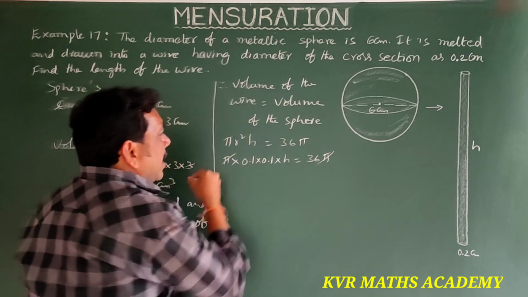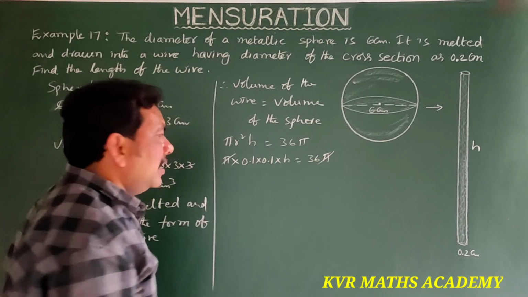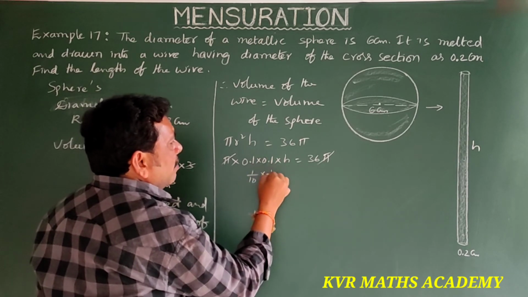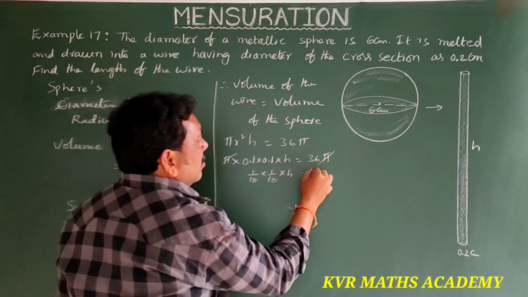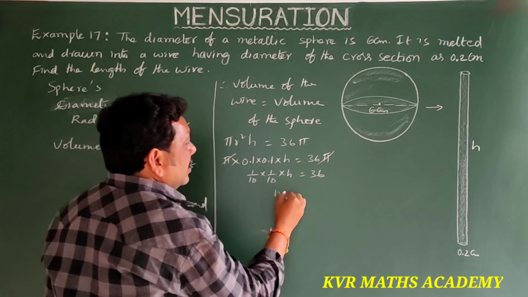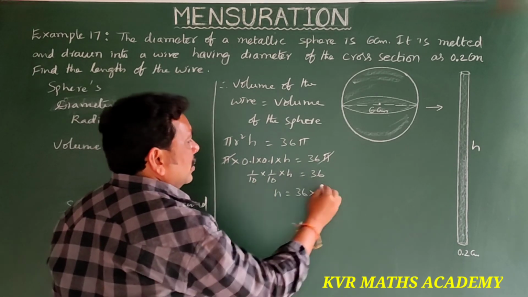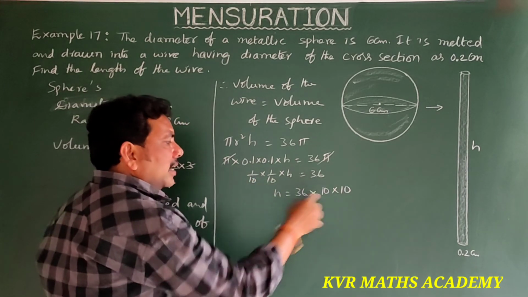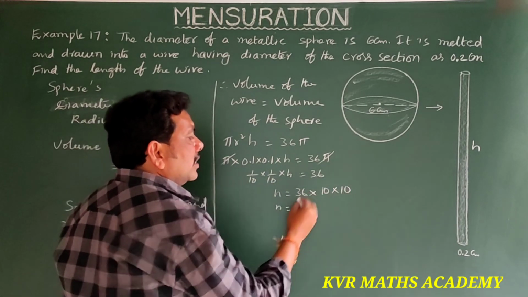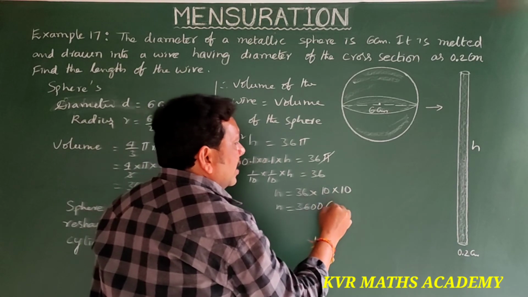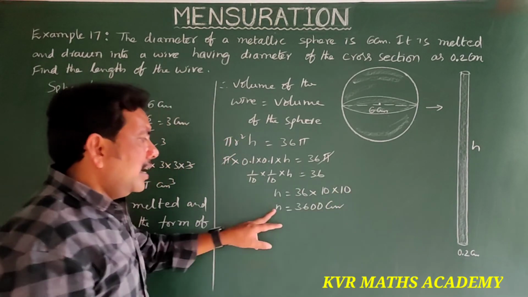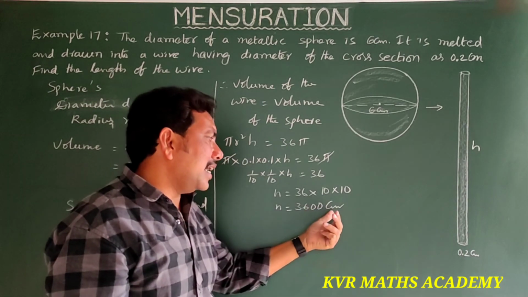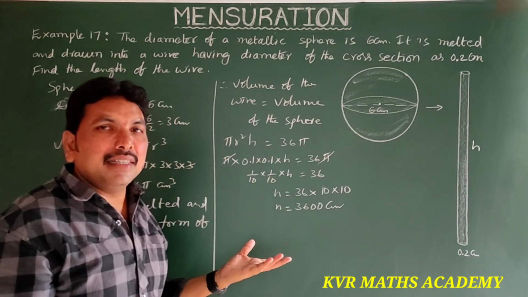Pi on both sides gets cancelled. It can also be written as 1 by 10 into 1 by 10 into h is equal to 36. So h is equal to 36 into 10 into 10, as 1 by 10 is transferred to this side. So h is equal to 3600 centimeters.